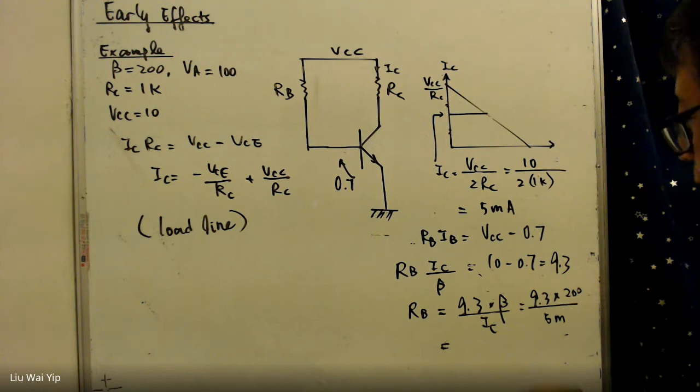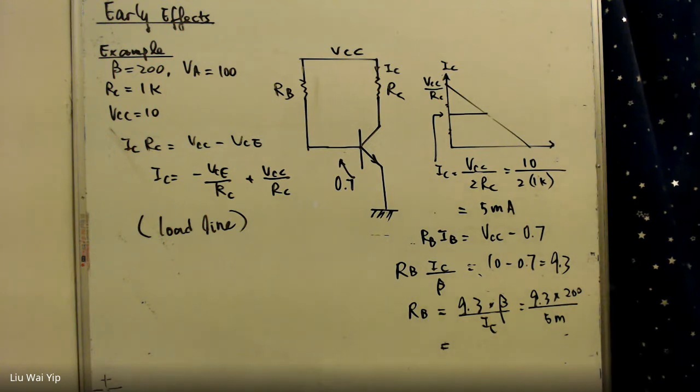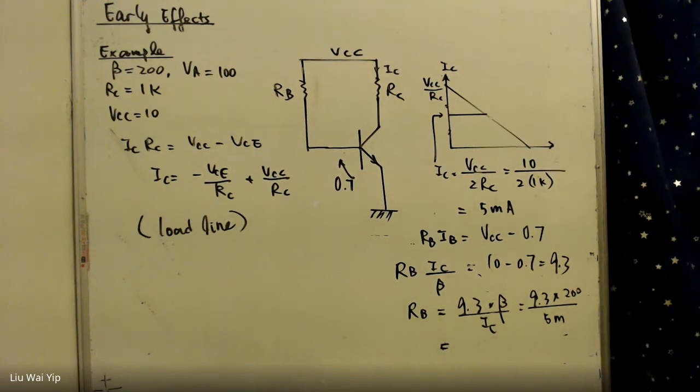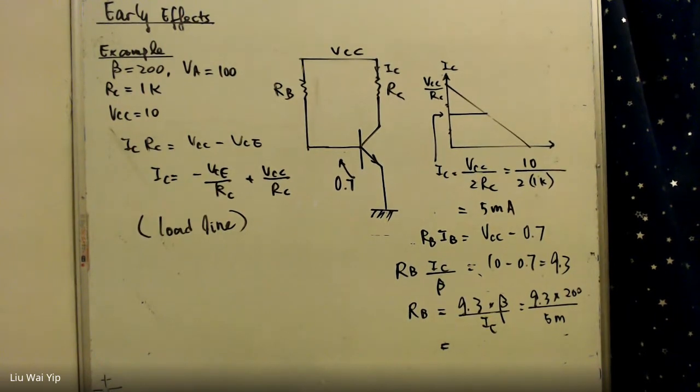And we will do some calculation here. 9.3 divided by 0.05 times 200.